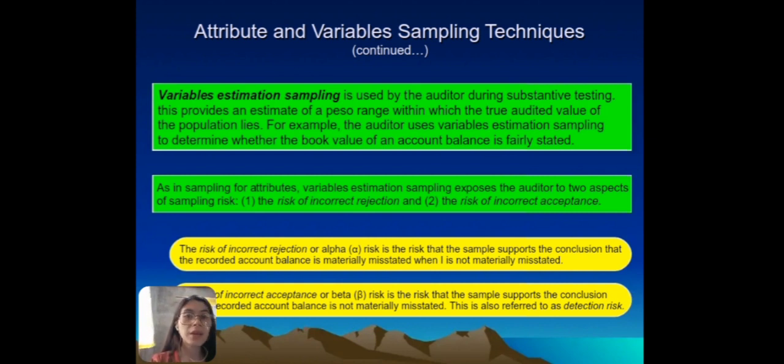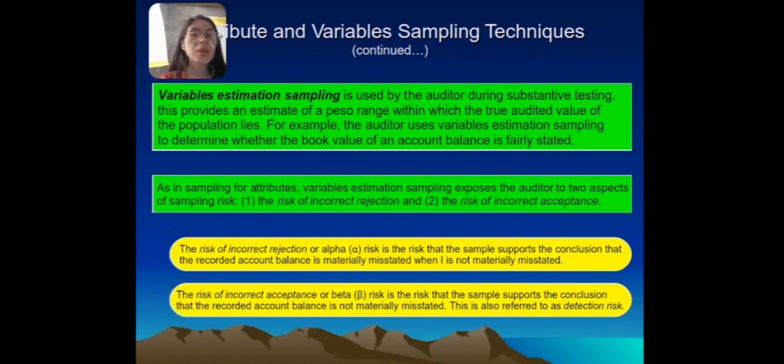As in sampling for attributes, variables estimation sampling exposes the auditor to two aspects of sampling risk. First, we have the risk of incorrect rejection, and the second one is the risk of incorrect acceptance. The risk of incorrect rejection, or alpha, is the risk that the sample supports the conclusion that the recorded account balance is materially misstated when it is not materially misstated.